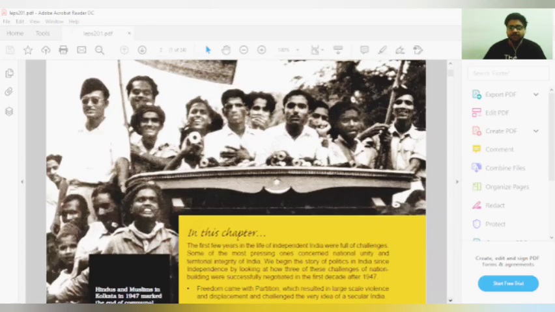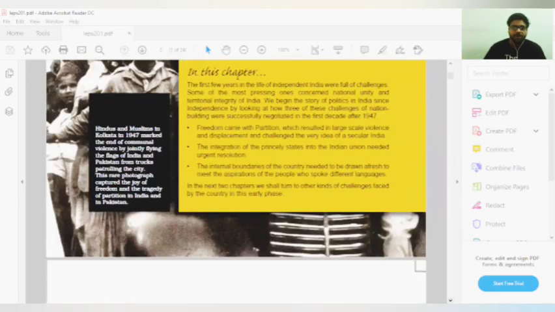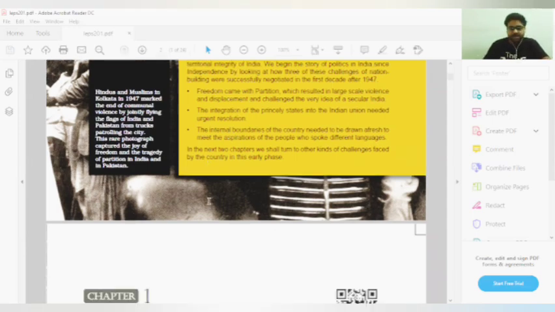This is a picture from West Bengal, and the people were sharing the thought that there is peace. It is written here: Hindus and Muslims in Kolkata in 1947 marked the end of communal violence that happened just after the partition, jointly flying the flags of India and Pakistan from trucks patrolling the city. This rare photograph captured the joy and freedom and the tragedy of partition in India and Pakistan.